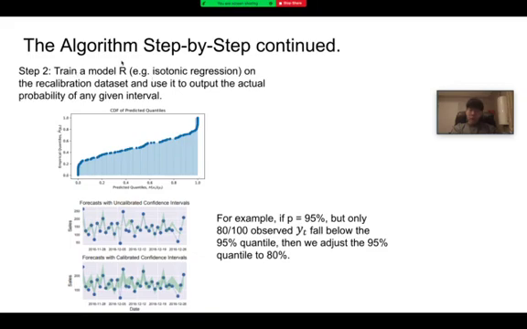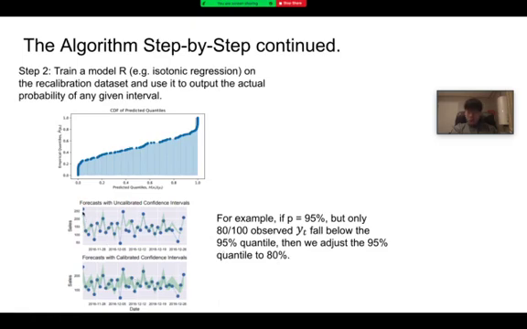Step 2 is to train the model on the recalibration dataset and use it to output the actual probability of any given interval. So, for example, if P equals 95%, but only 80 out of 100 observed data falls below the 95% quantile, then we adjust the 95% quantile to 80%. And this is equivalent to saying that we increase the credible interval so that it is the 80% quantile.